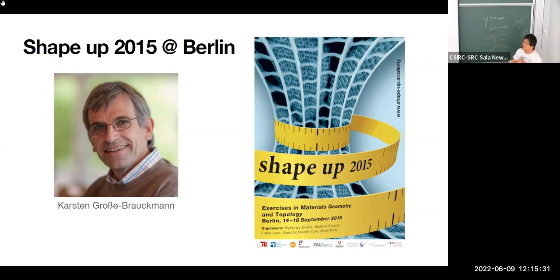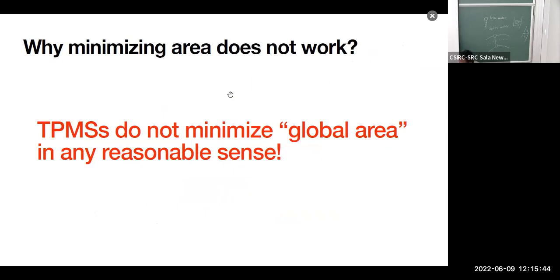And then she talked with Carsten Baumann. And Carsten explained to them that actually minimal surfaces do not minimize global area.